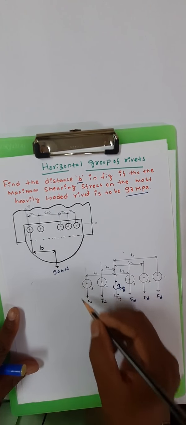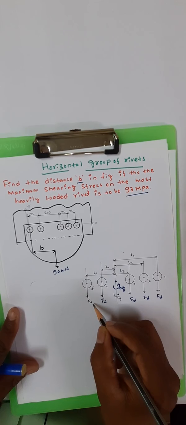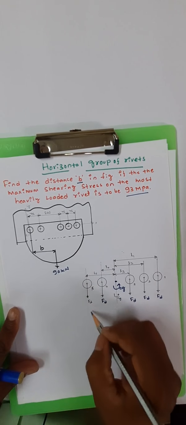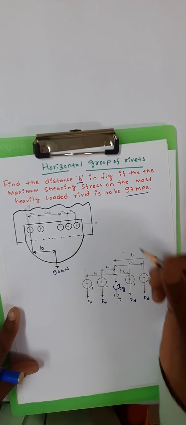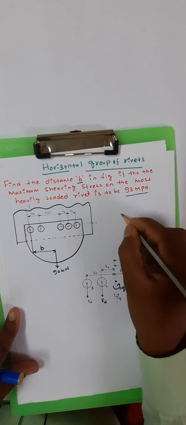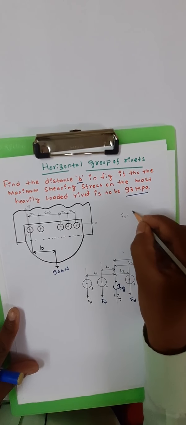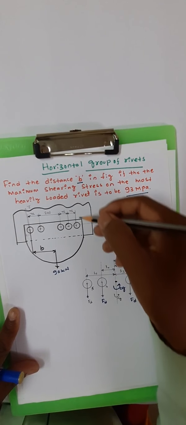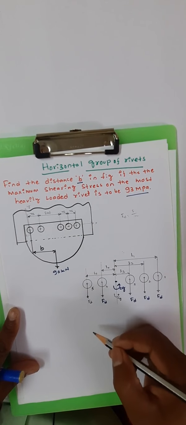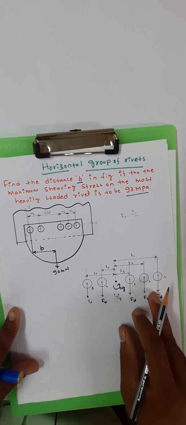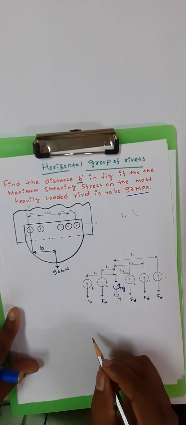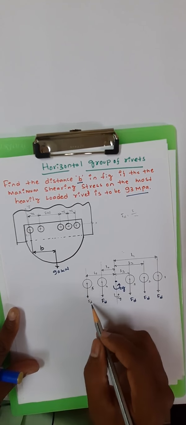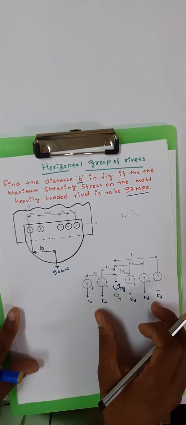The load acting downwards is the direct load, the direct shear FD. We know that FD is equal to F divided by the number of rivets. So the load is acting downwards on all the rivets in this manner.